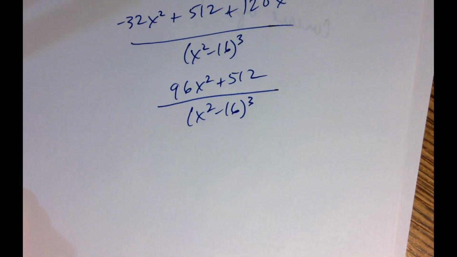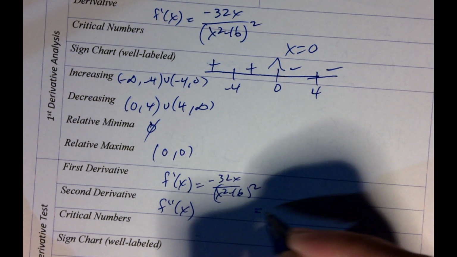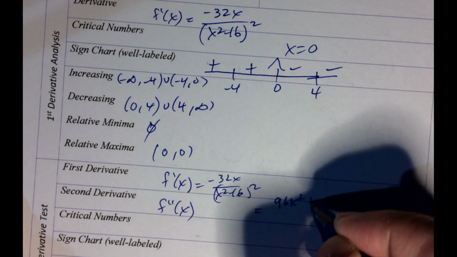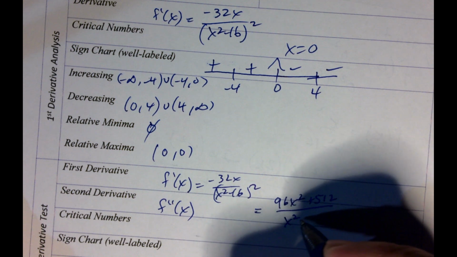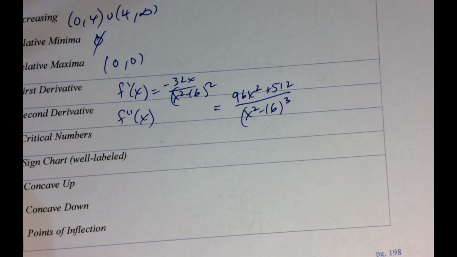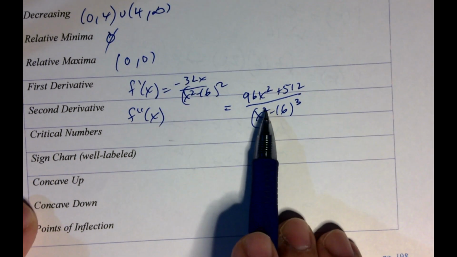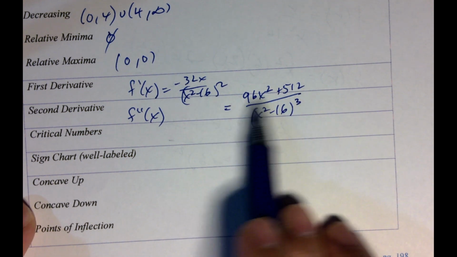All right, let's copy that to the front. That's 96x squared plus 512 over x squared minus 16 to the third power. All right, so that's the second derivative. What are the critical numbers of the second derivative? Well, the numerator, because it's something squared plus something, has no solution.